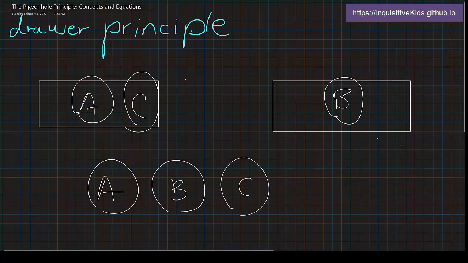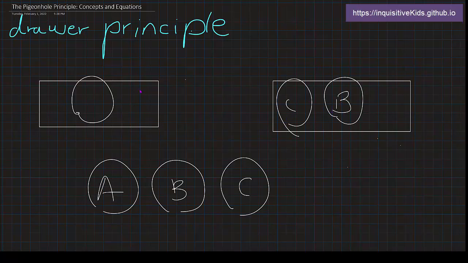But of course I can always switch them, C over here, B over here, and A over here. Or I could have all of them in the same pigeonhole.